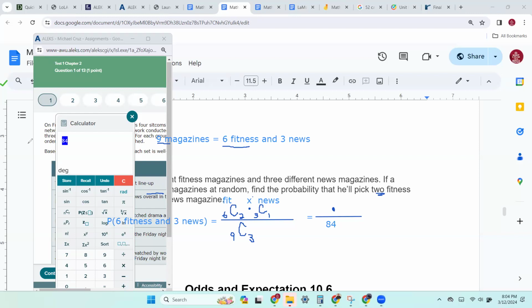All right. So now on this side, it's 6C2. So that's 15 here. And then the 3C1 is going to be just 3.